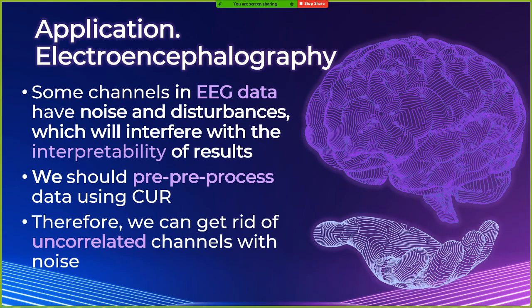So in some channels, we might get noise and disturbances, which will interfere with the interpretability of results. One of the solutions offered is called spatial selection. In general, spatial selection involves optimization of the quality of the input data set, a spatial filtering process, for the CUR decomposition approach. So with the help of CUR, we can get rid of uncorrelated channels with noise.